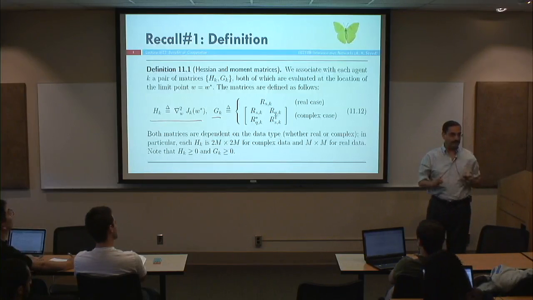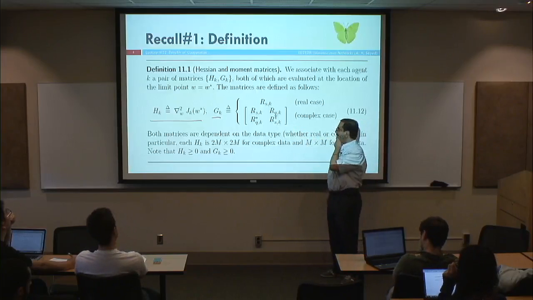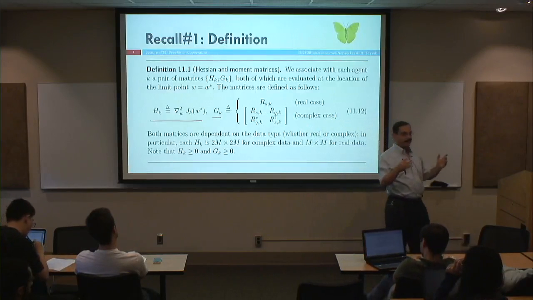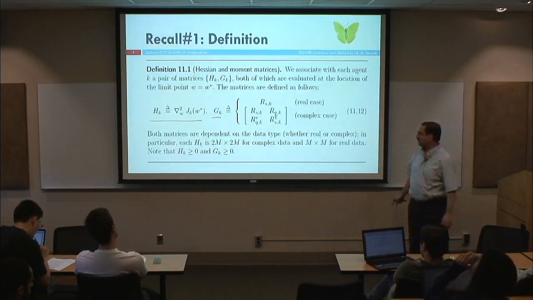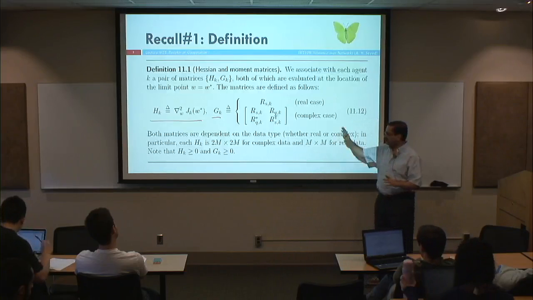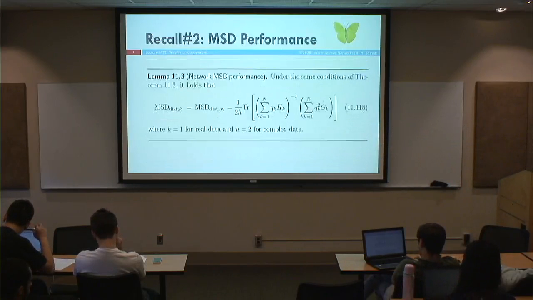It's a 2M by 1 vector, and this is the covariance matrix of it, the one below here in the complex case. And in the real case, it's just R_s, which is the expected value of s s star. The R_q is the expected value of s s transpose, if you remember. So this is just to remind you of what these parameters are.